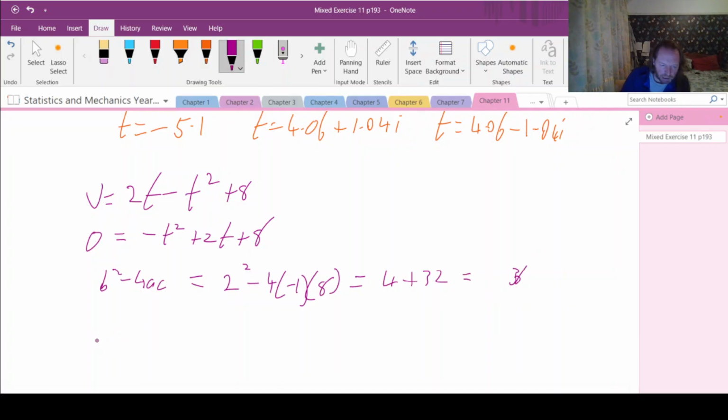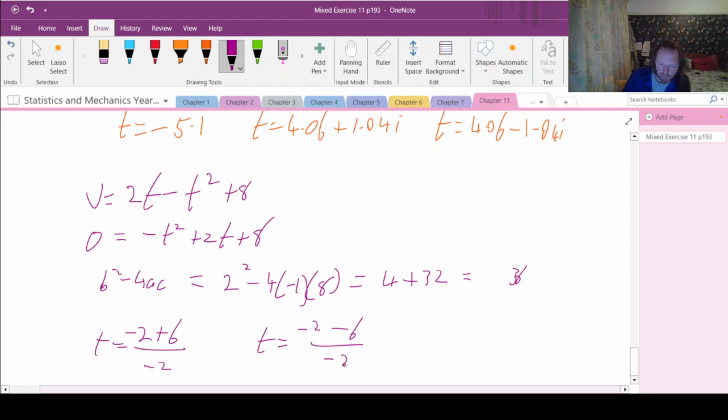And so t is equal to minus b plus or minus 6 over 2a, which is minus 2. That should be a minus up there, shouldn't it? Minus 2 plus or minus 6 over 2a, minus 2.